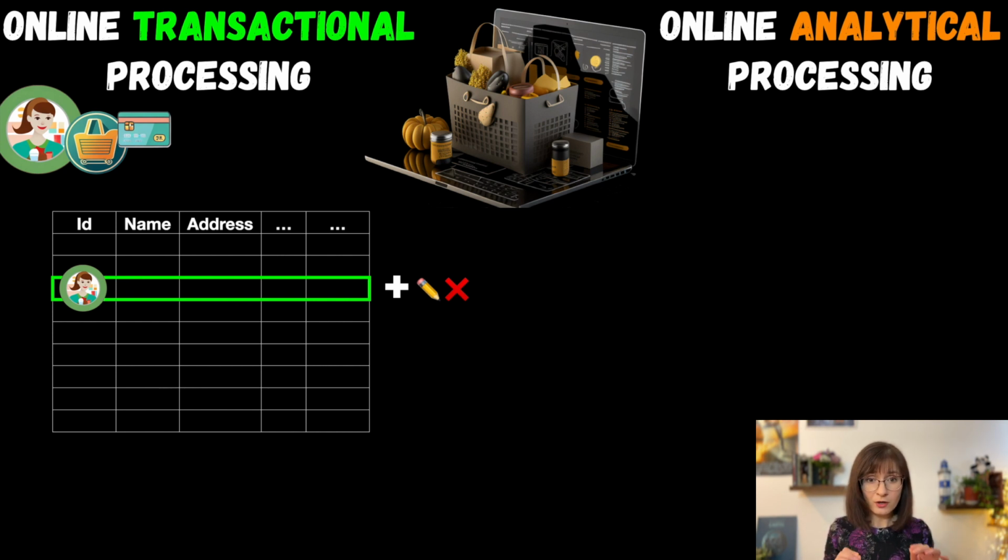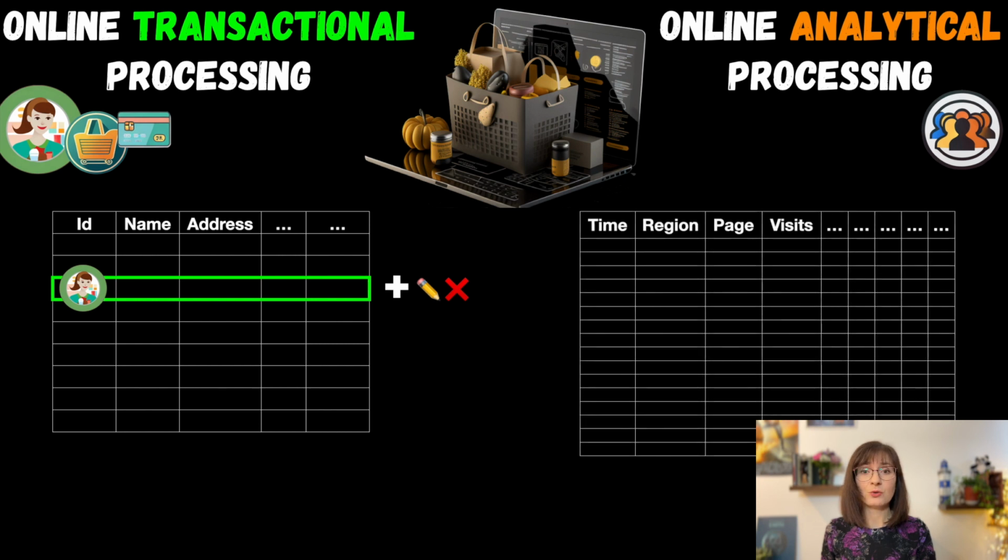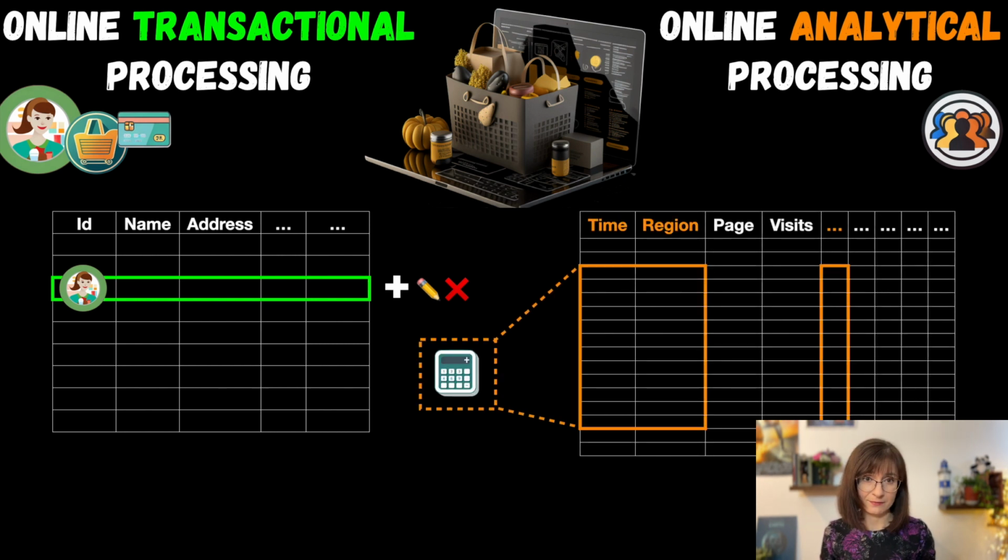We no longer think in terms of individual customers, but rather focus on aggregated data in computations. So the focus shifts from updating single rows to reading and processing millions or even billions of rows.